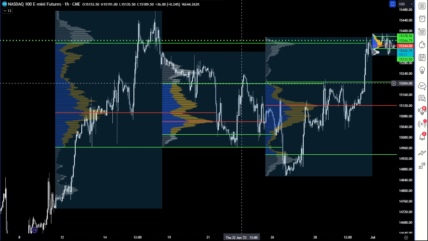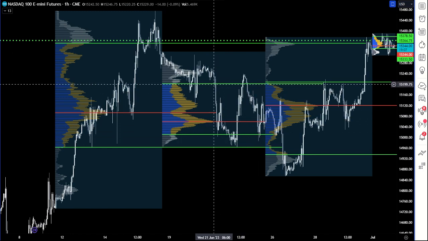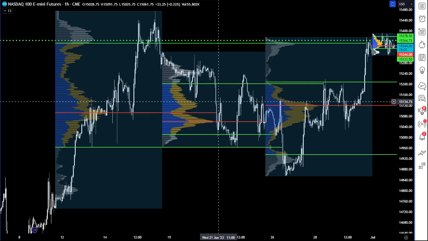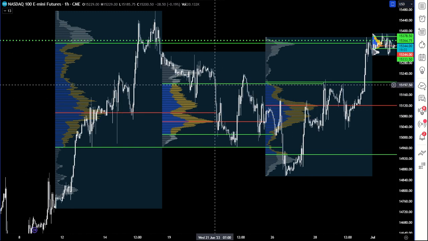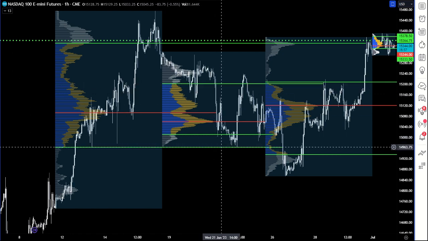Here's another tip or trick. If you're looking for a really good entry on a long or short position, aside from intraday trading, always mark these value area highs and lows because they will often be the point of entry.